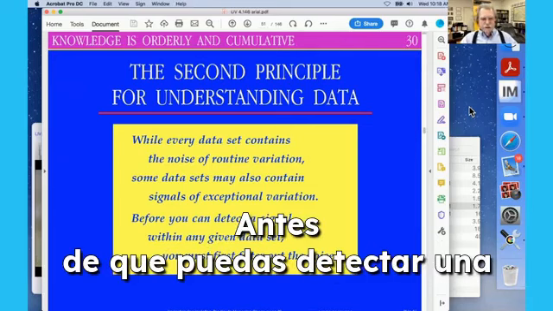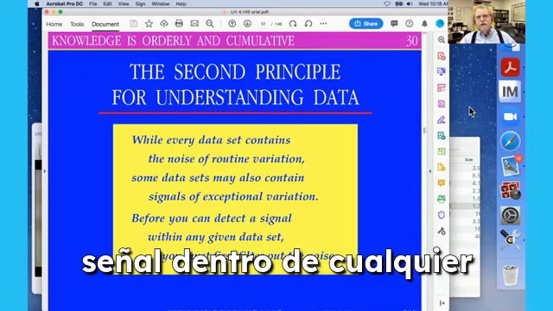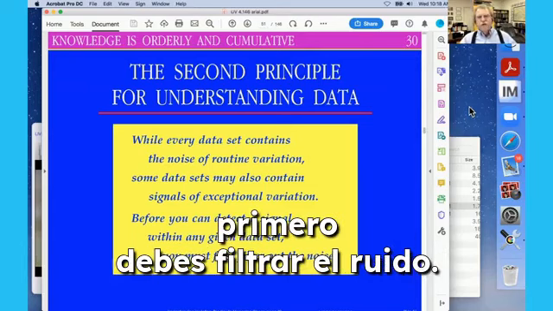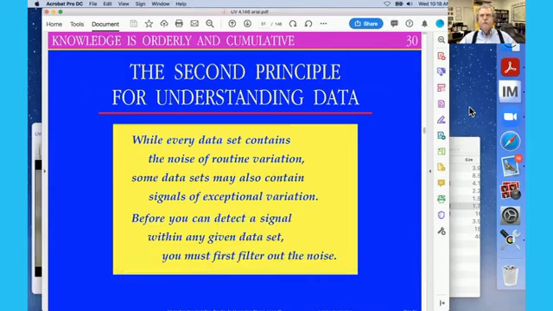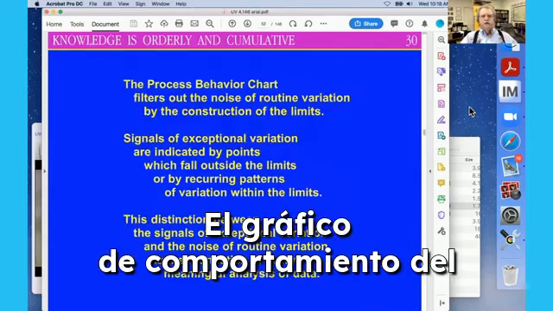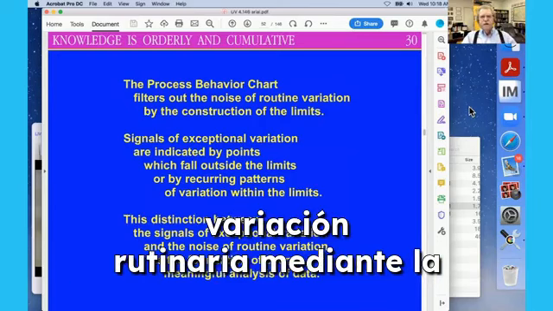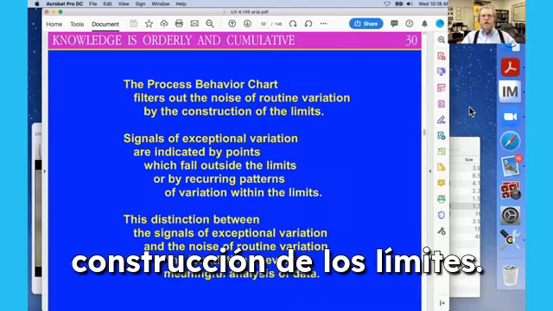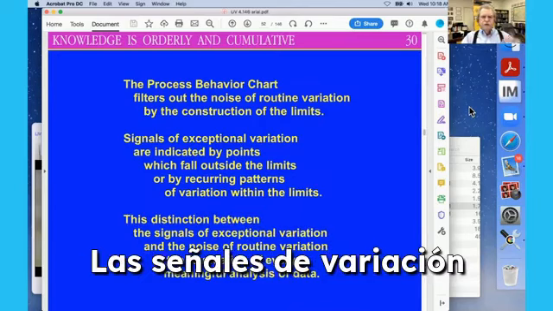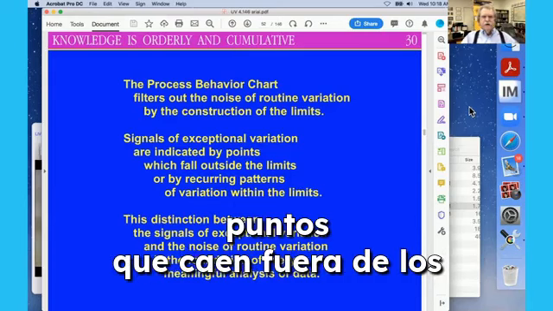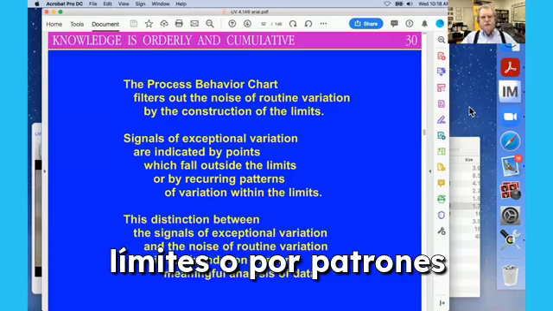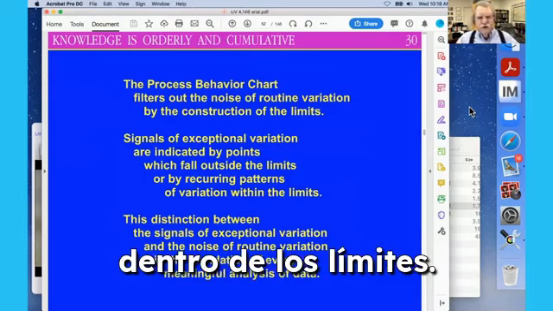Before you can detect a signal within any given data set, you must first filter out the noise. The process behavior chart filters out the noise of routine variation by the construction of the limits. Signals of exceptional variation are indicated by points which fall outside the limits or by recurring patterns of variation within the limits.